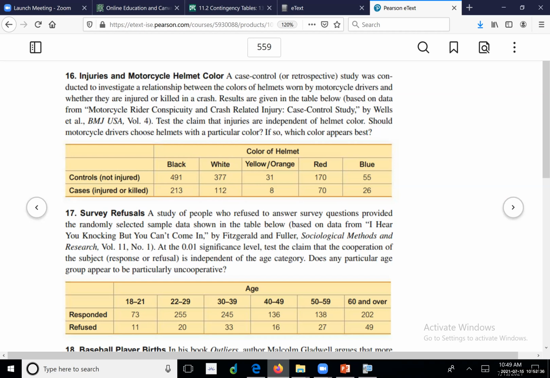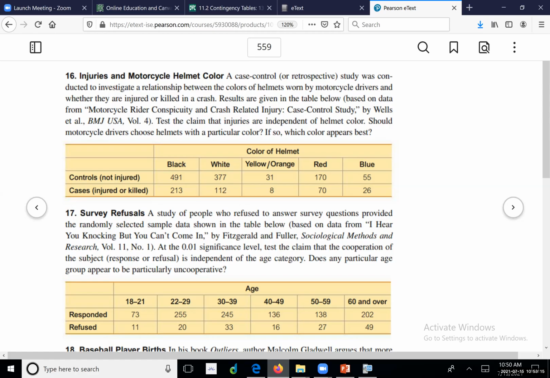It says, now what do you think, which color appears the best? Means the least injuries. So just look at the list and send me what color. So maybe chat with me. Now that you know it's dependent, what color has the least problem? Observe the table.